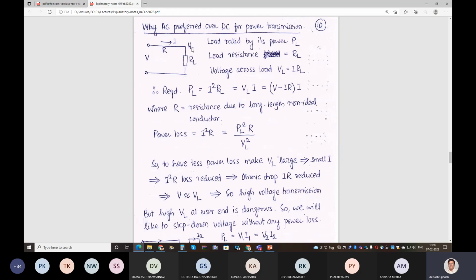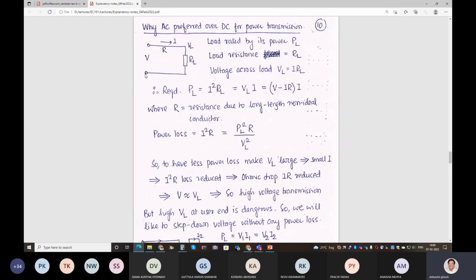Then only you can have your VL large, because VL is equal to V minus IR. That means you have to do a high voltage transmission.